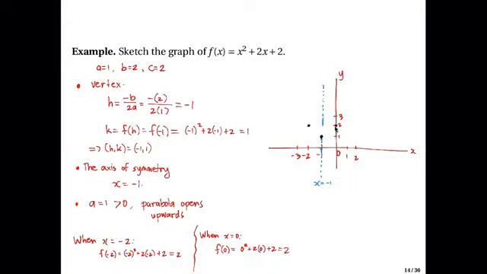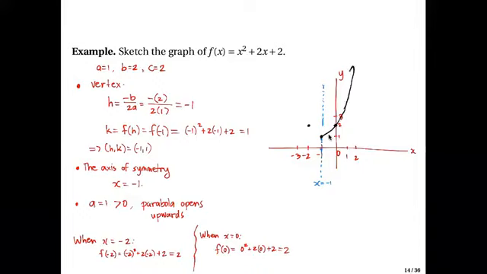So once you have those two points, just draw a parabola passing through these two other points. Of course, the lowest point will be the vertex because, again, your a equals 1, which is a positive number. The parabola opens upwards, so the vertex is the lowest point. You can just sketch it, something like this.